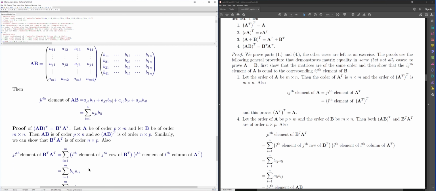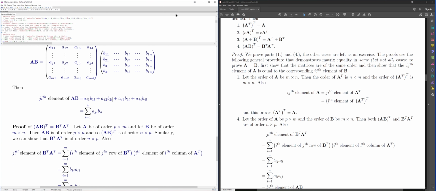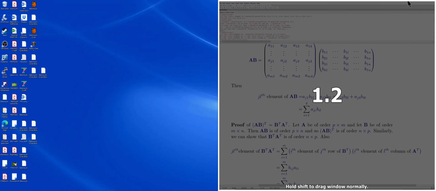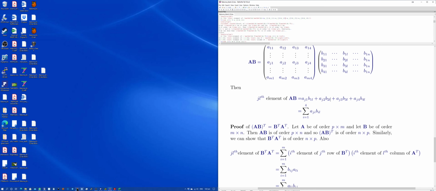And how you do that is by multiplying the appropriate elements. Using this as an example, you're going to be running along your row over here and then running along your column over here. So you have the first element of the row against the first element of the column, second element of the row against the second element of the column.